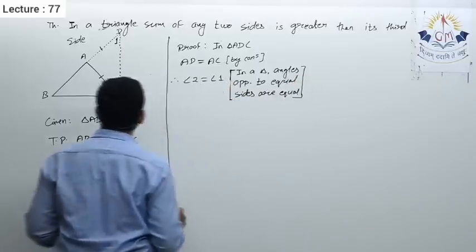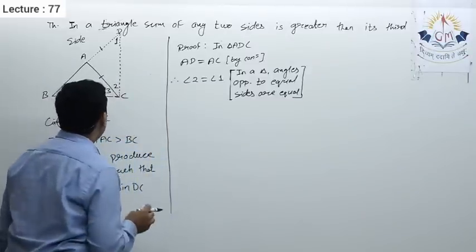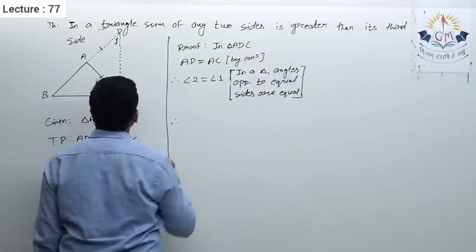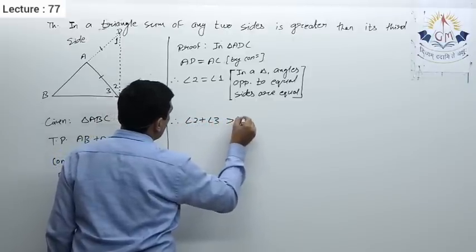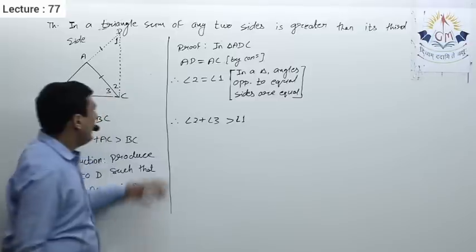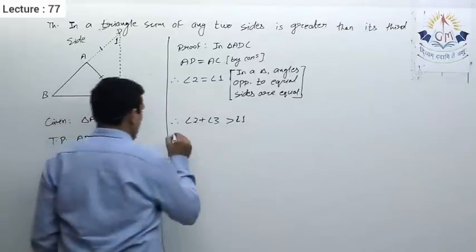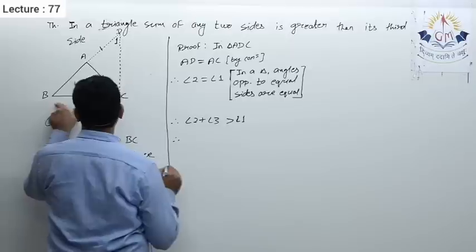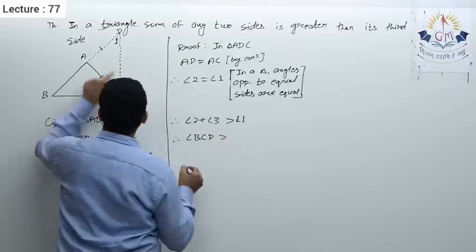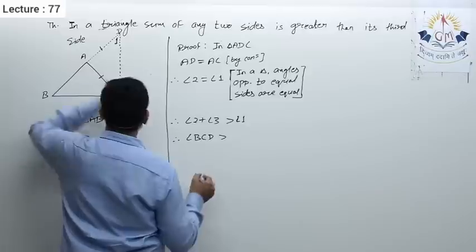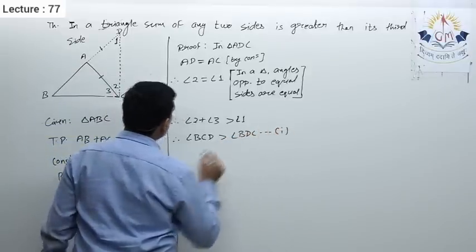Okay, so angle 2 equal to angle 1. Now therefore I can write angle 2 plus angle 3 is greater than angle 1. If I add some part on the left hand side, then definitely it will be greater than the right hand side. Now angle 2 plus angle 3 is actually angle BCD. This angle BCD is greater than angle 1, which I can write as angle BDC. Let it be equation number 1.